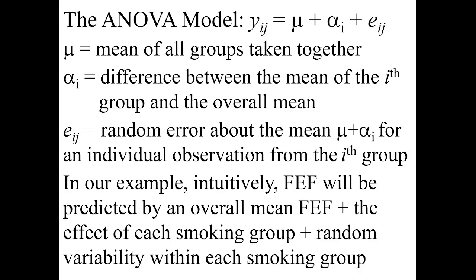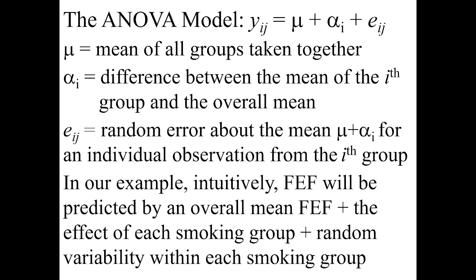So coming back to the ANOVA model, the model is Yij, that is the quantitative outcome of the jth individual in the ith group, equal to a common mean for all groups taken together, which we call mu, plus the difference between the mean of the ith group and the overall mean, that is alpha i, the group-specific increment or decrement from mu, plus some random error about mu plus alpha i.